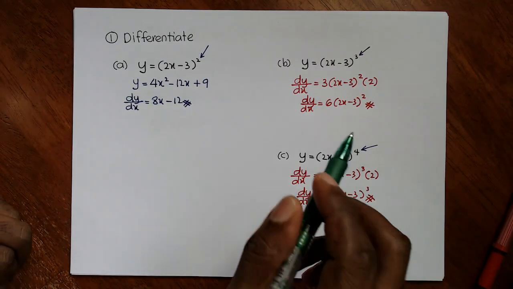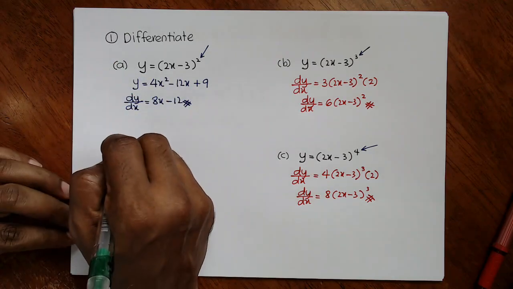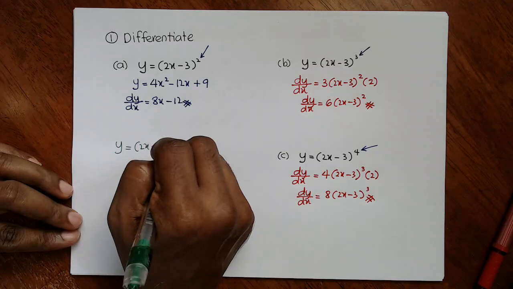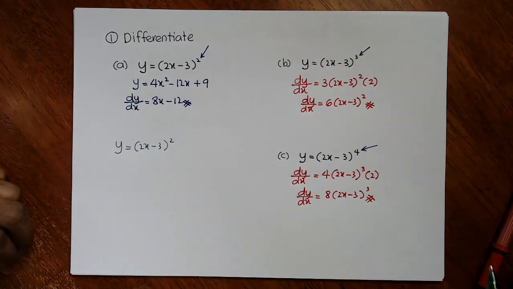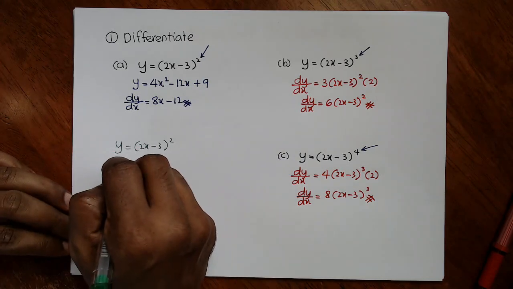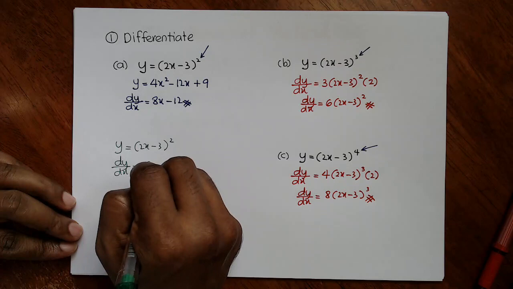You see, y equals to (2x minus 3) to the power of 2. Let's say for some reason you don't want to expand that. Yeah, you can use bracket method, right? Where dy/dx will be (2x minus 3) to the power of 1. Outside will be 2.